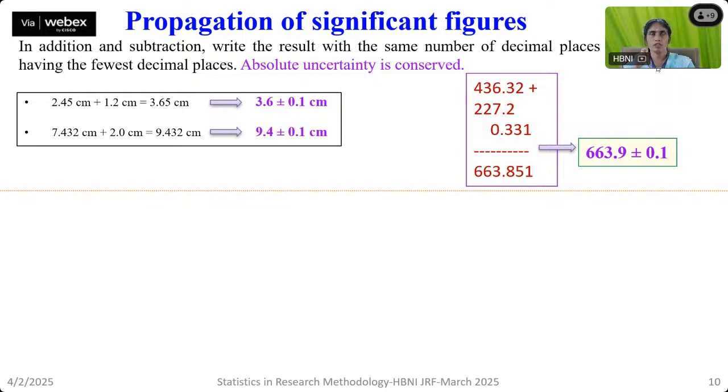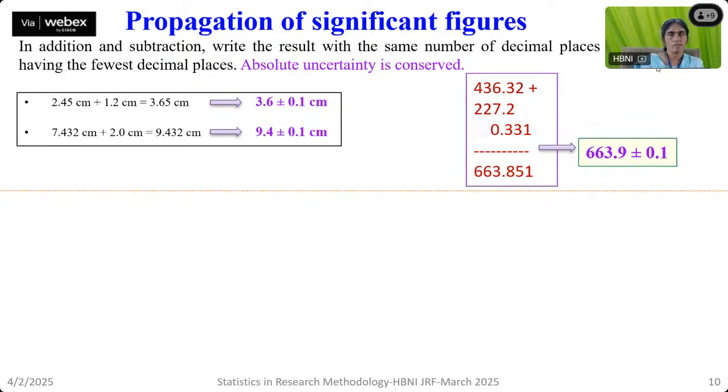Whichever number has the fewest decimal places will have the maximum uncertainty. Uncertainty always shows you the maximum variation or fluctuation in your measurement, the least precise measurement having maximum uncertainty. That will be hindering your final refinement of data.